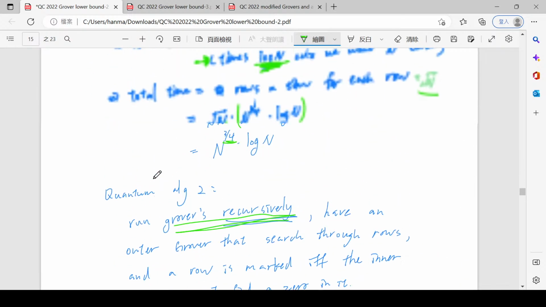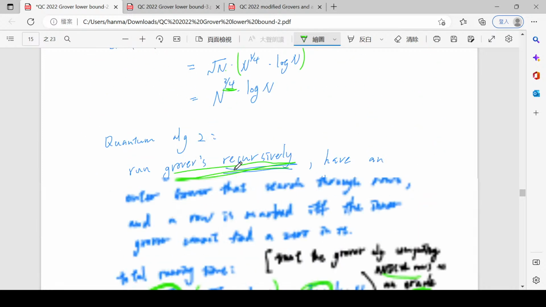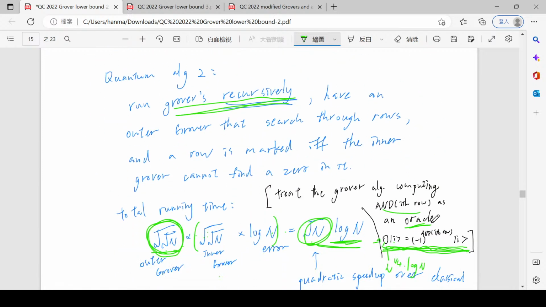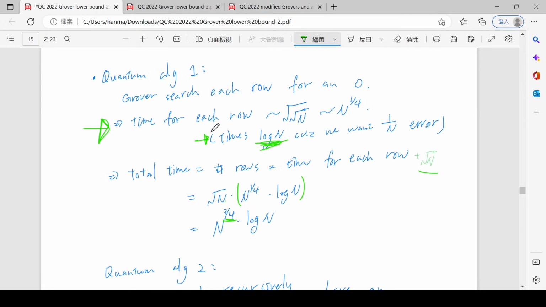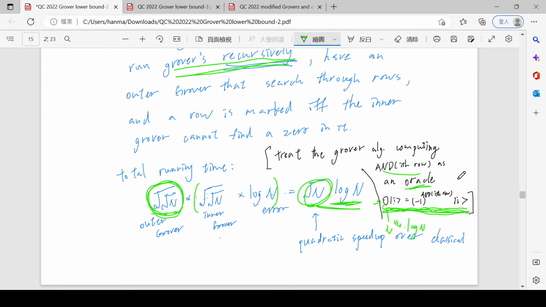The idea is that the first part of the algorithm is a quantum algorithm, so you can think of this quantum algorithm as an oracle. Obviously it will have a different output form, but you can easily do phase kickback to turn this quantum algorithm into the form of the oracle we need in Grover's algorithm.